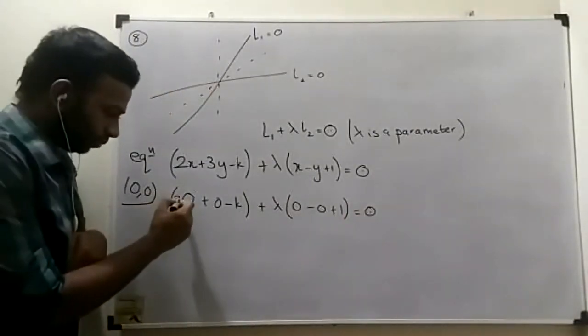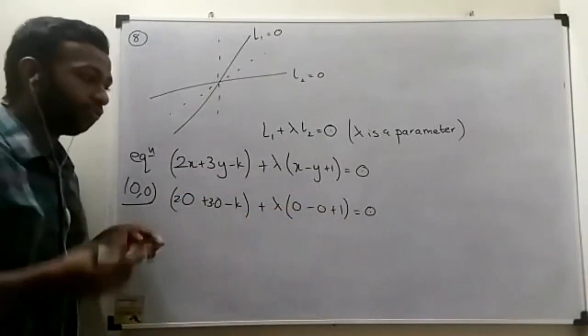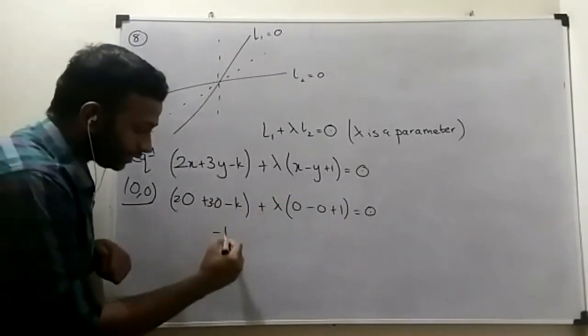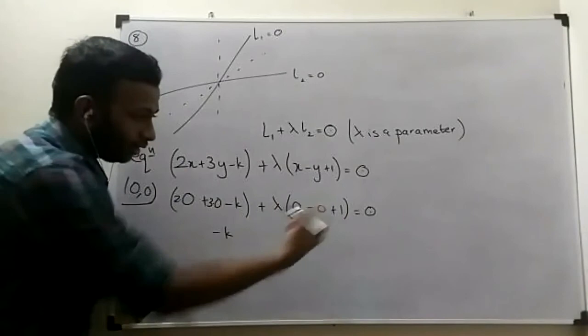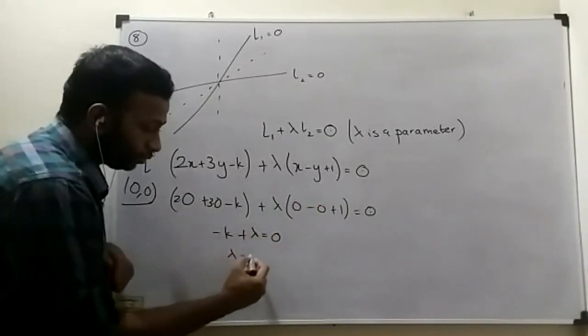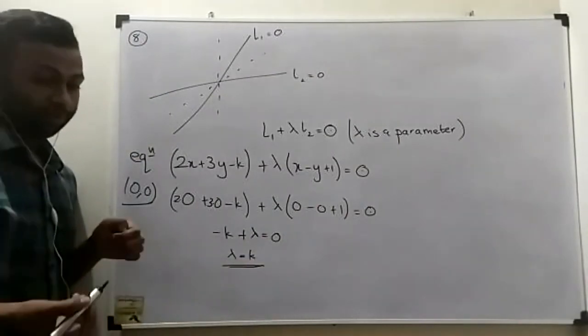Just to make it clear, where x is there, I substitute 0, and where y is there, I substitute 0. So we get minus k plus lambda times 1 is equal to 0. So lambda is equal to k. Now we found the value of lambda as well.